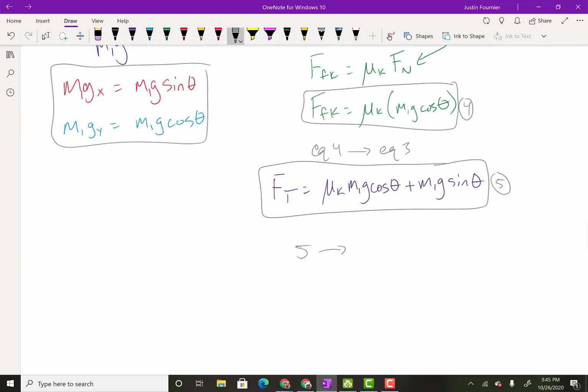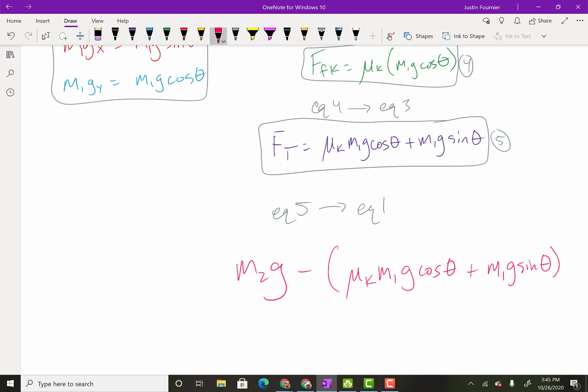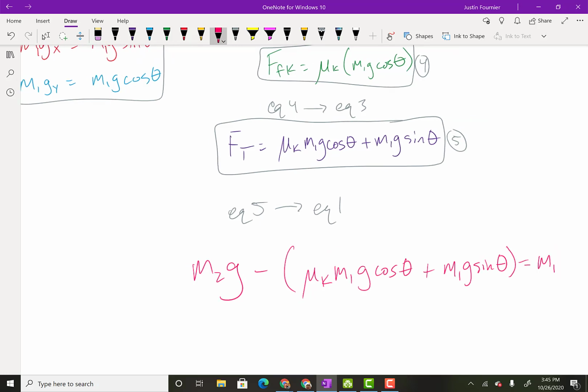Equation 5 into equation 1 is going to give me, so equation 1 is m2g minus all this stuff, mu k m1g cosine theta plus m1g sine theta, equals my mass times the acceleration. Let's see if I got that right.